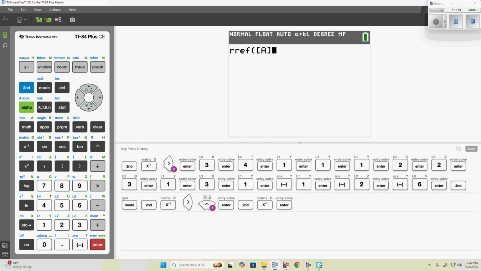Questions? Once you get that there, hit enter. Did we all get a matrix E that looks something like this?